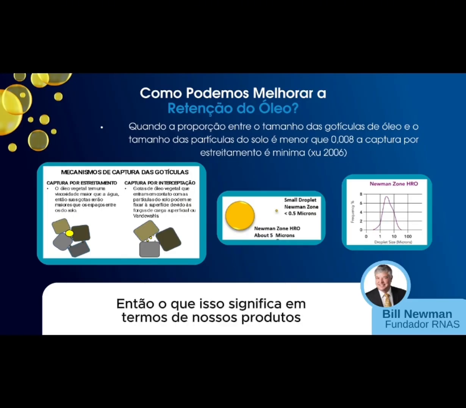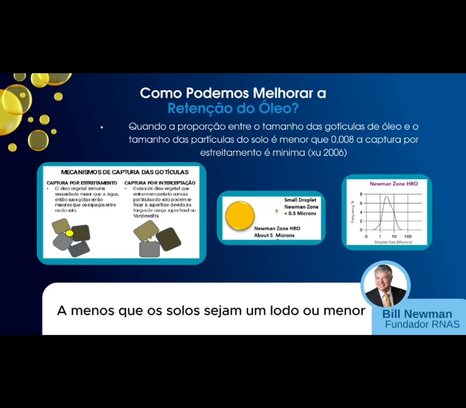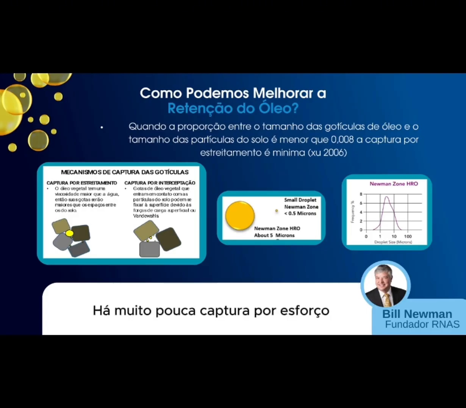So what does that mean in terms of our products? If we have a small droplet EVO like the 60E that we manufacture in Brazil, unless the soils are a silt or smaller, about 60 microns or smaller soil particle size, there's very little capture by straining.